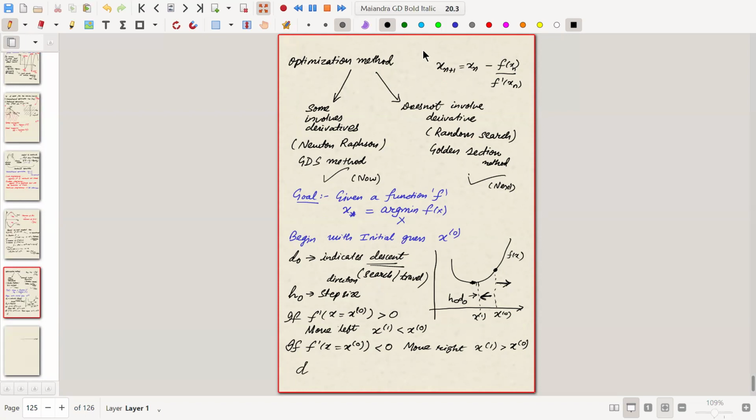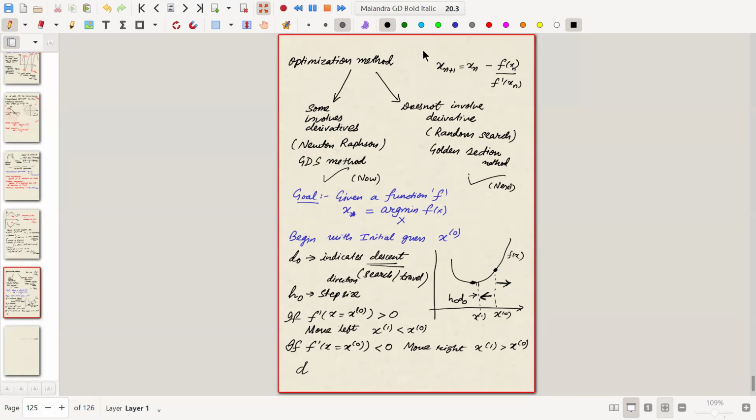F is increasing means f prime is greater than 0. When we are moving left, say right is the positive direction, left is the negative direction. That's the concept of a vector, right? So if f prime is greater than 0, you're moving left. That means d naught has the opposite sign of f prime.